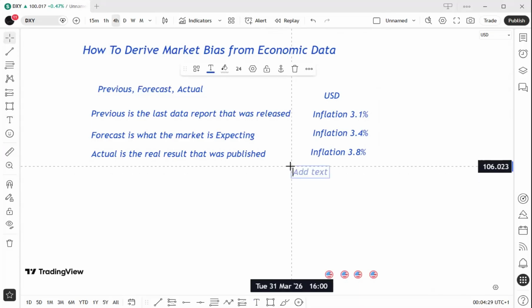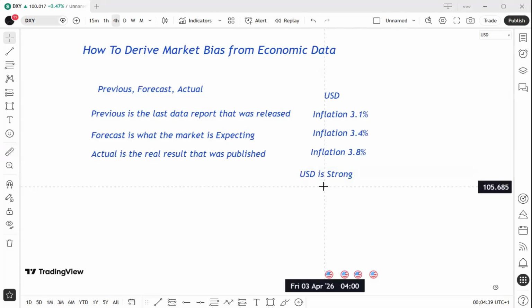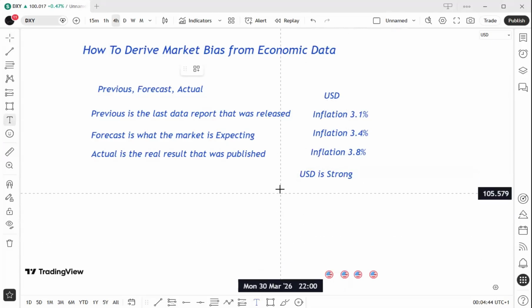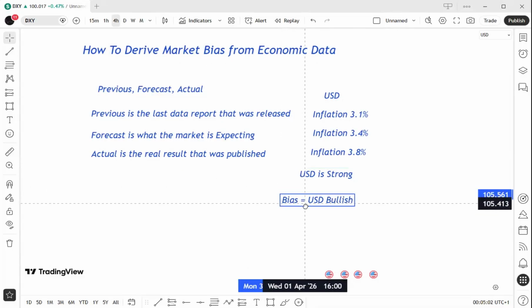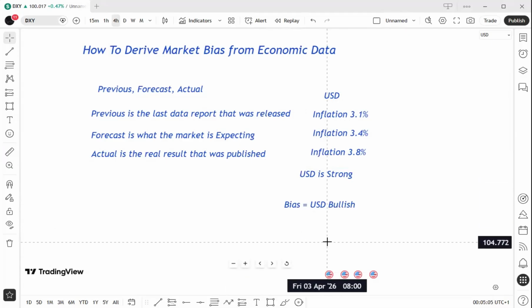USD is strong, because when there is high inflation in the country, the currency becomes very strong. Now, our bias is that USD is bullish.